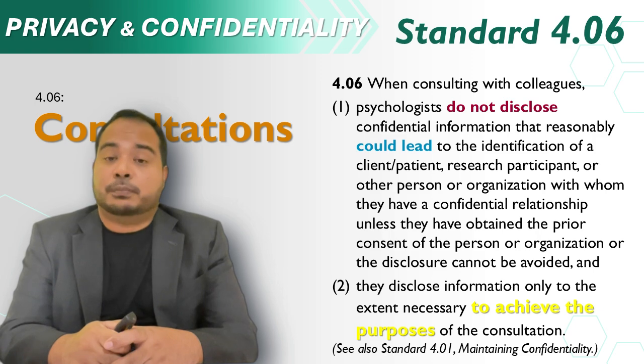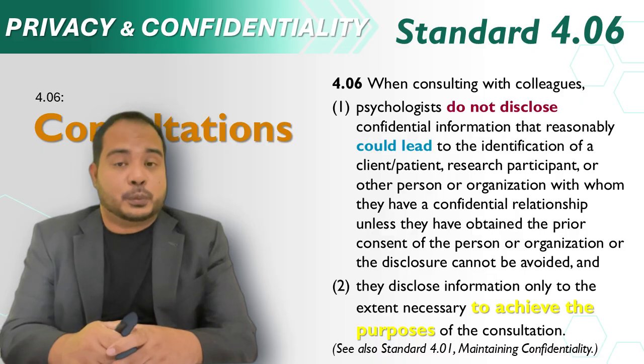Nowadays we have many platforms, messaging platforms that we can use to improve the efficiency of our communication, but you have to be aware that on those kinds of platforms you cannot share confidential information.